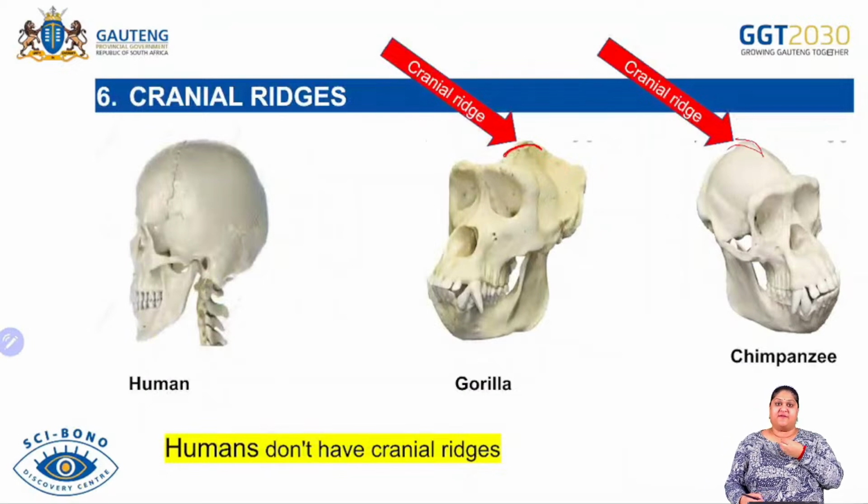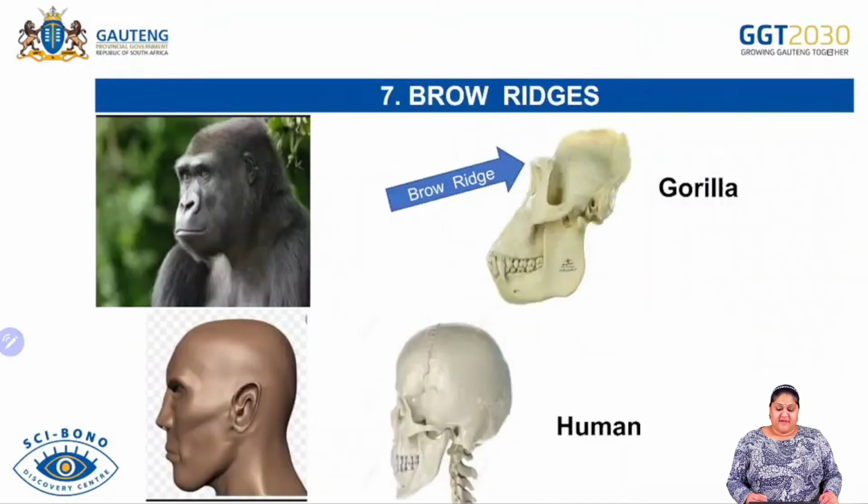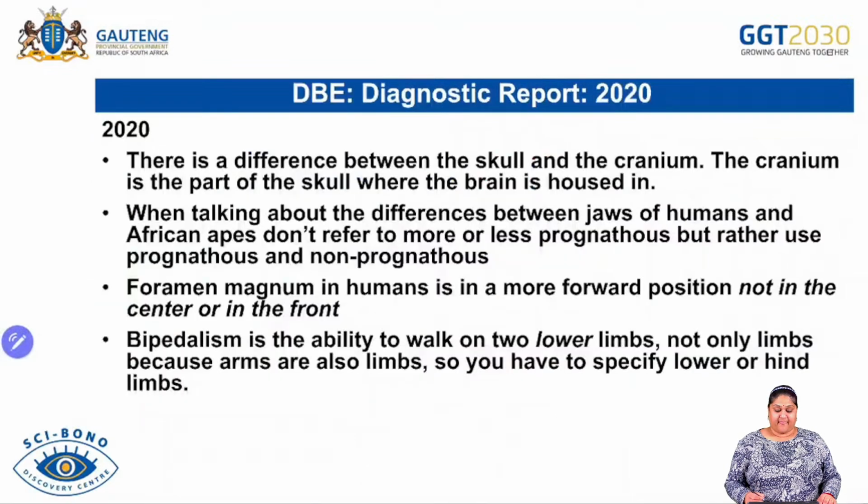So we have muscle attachment. This cranial ridge allows for greater muscle attachment, for stronger muscles. Then we have the brow ridges. Here you can see it's prominent, and here it's basically absent. It's very underdeveloped, whereas we have this definite brow ridge with the gorillas.